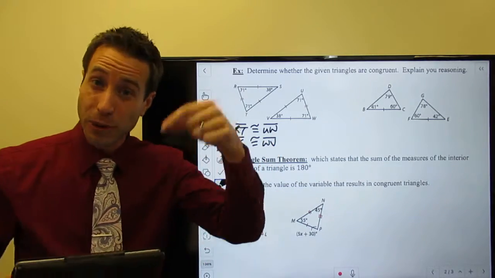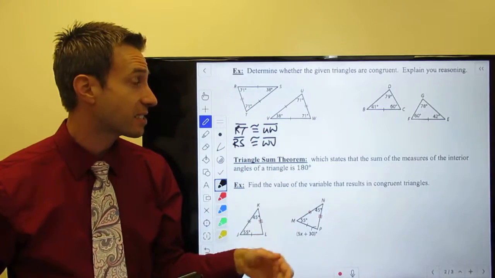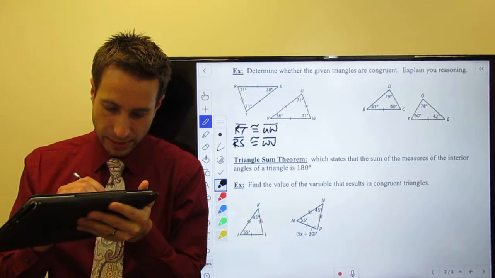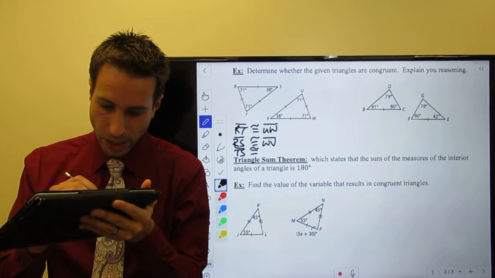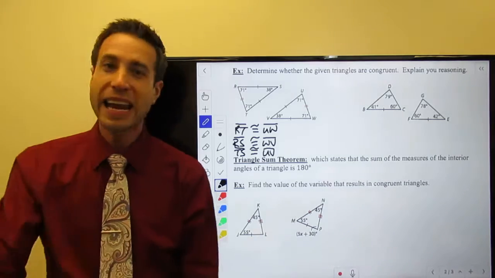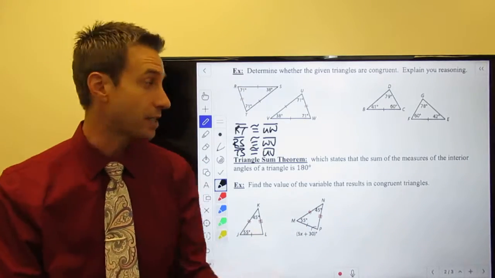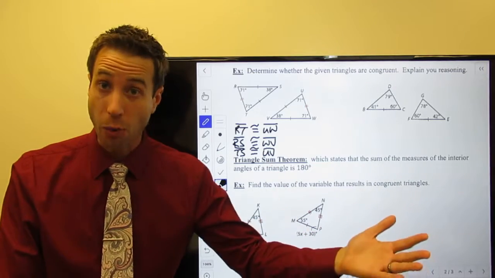That leaves me with the third side, because every triangle has three sides, so that would be TS, and the only other side left in the other triangle is UV. So TS is congruent to UV, and that's information given right in the problem. So far, I've shown that all three pairs of sides are congruent. So far, we're doing good.